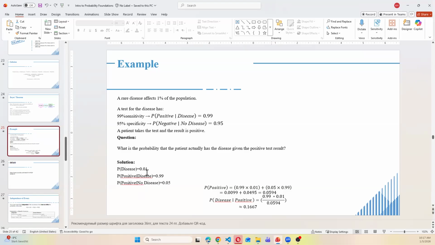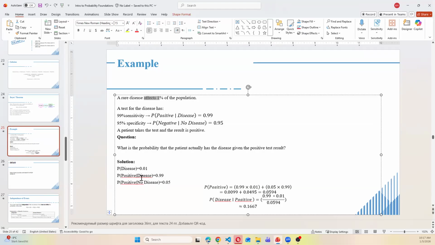So we have the probability of disease as 0.01. 1% is fine. Positive given disease is 0.99. Positive given no disease is 0.05, because negative given no disease is 0.95, so it's 1 minus this one, which is 0.05.